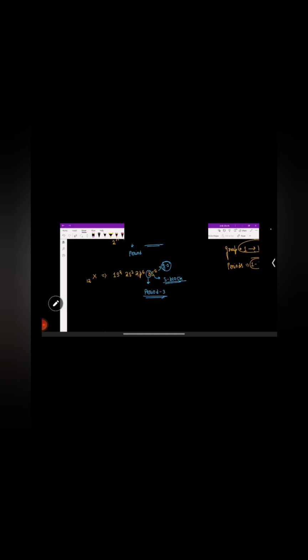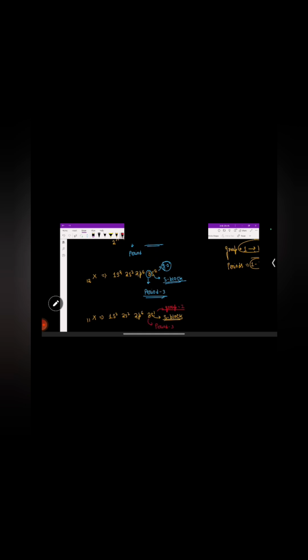Okay, let's try again. Let's say I have an atom X having atomic number 11. So it will go like 1s2, 2s2, 2p6, 3s1. Again, it's an s block element, we can clearly see. When it is an s block element, things are much easier for you. Which group again? Group number 1 and period number 3.